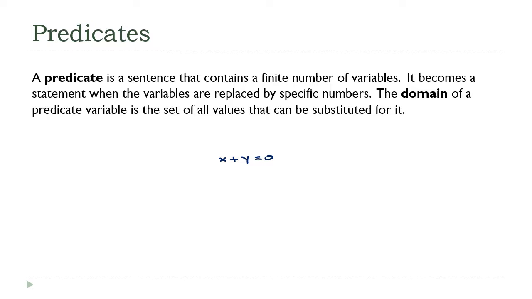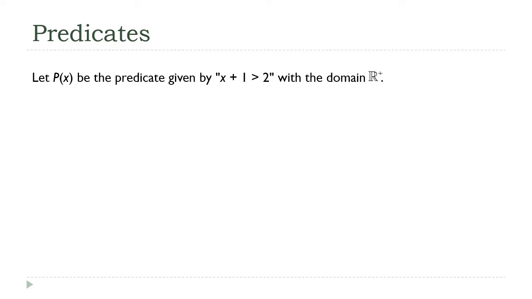So just like in your algebra classes, the set of all values that could be substituted for the variables is going to be called the predicate's domain. So you can see here the language that we'll use to talk about predicates. It should always come with two parts, a domain and some kind of sentence or sentences that describe the relationships between the variables or that says something about their properties.